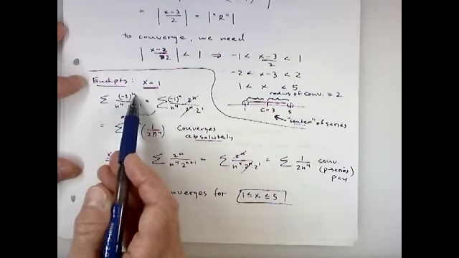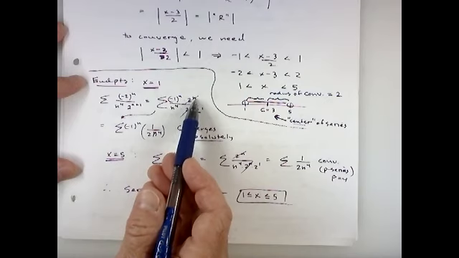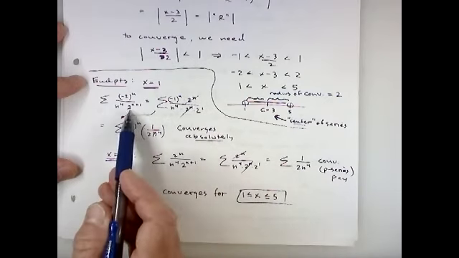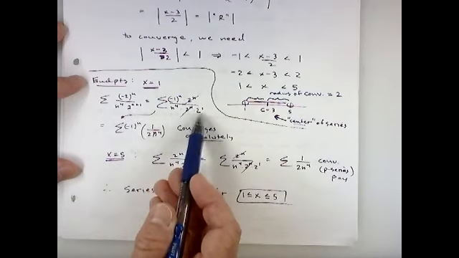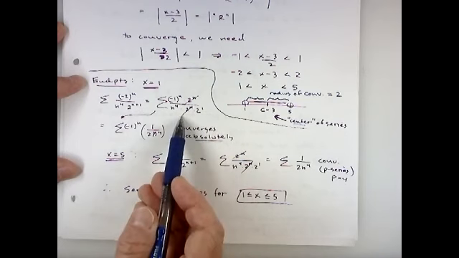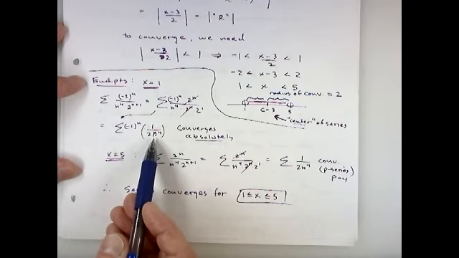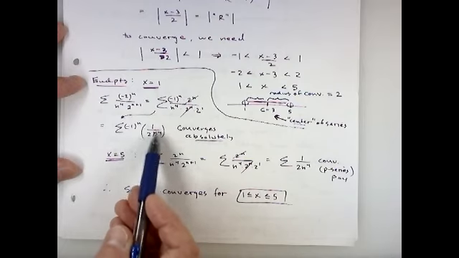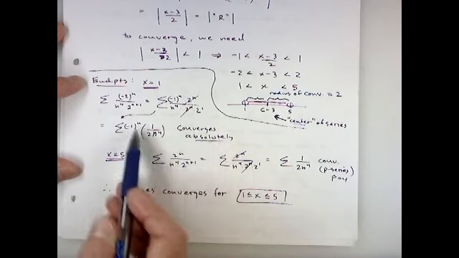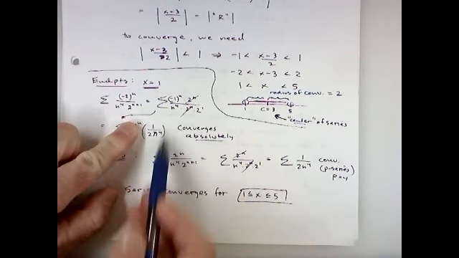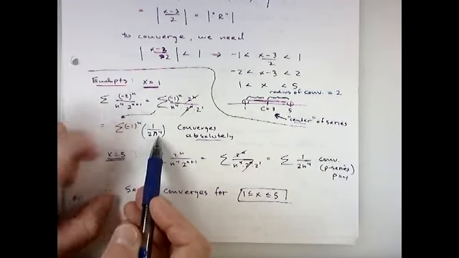If you separate negative 2 to the n as negative 1 to the n times 2 to the n, and then split up 2 to the n plus 1 as 2 to the n times 2, those will cancel. And we end up with an alternating p series where p is equal to 4, clearly converges, and not only that, it converges absolutely, right? If it wasn't even alternating, that would definitely converge.